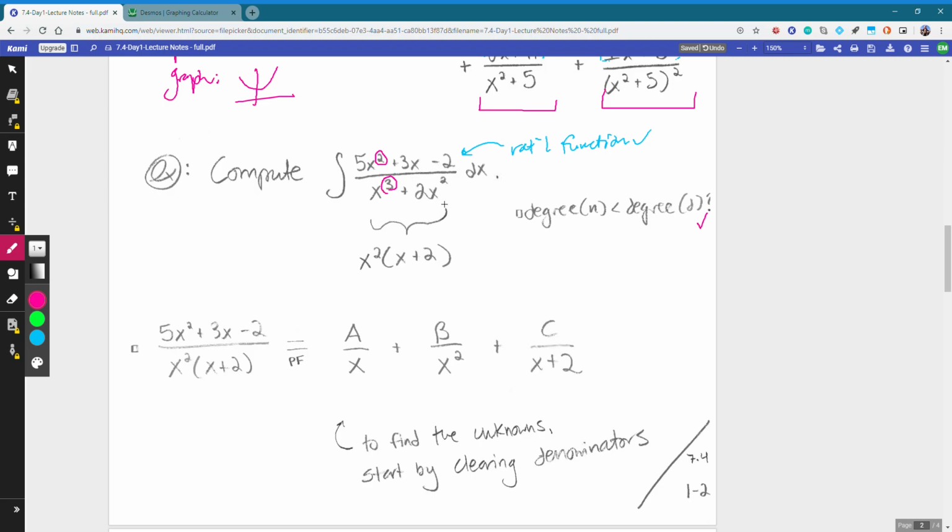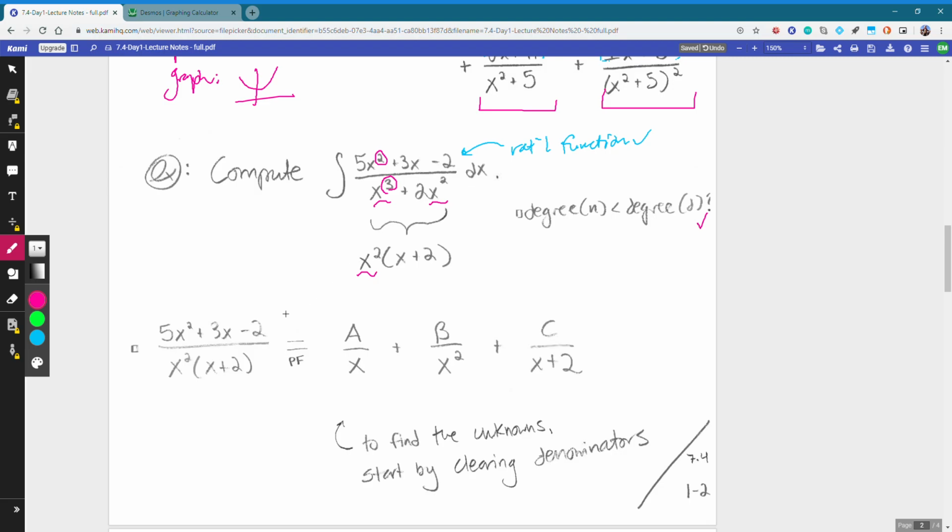And our denominator here has a nice common factor of x squared in each of the two terms. We can pull that out, and what's left is an x on the left and a 2 on the right. And that's all we can do there.